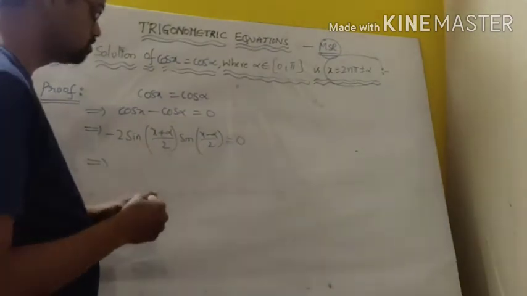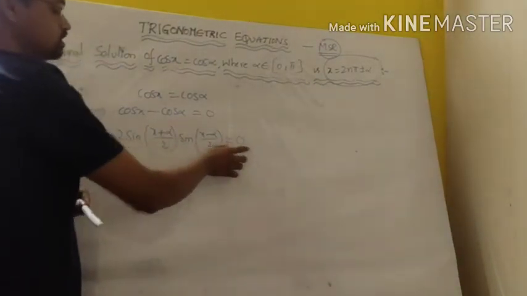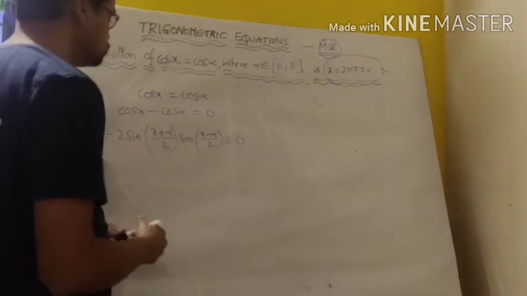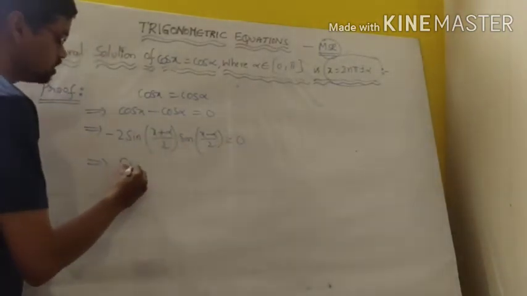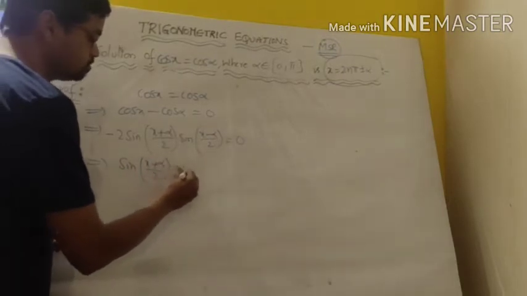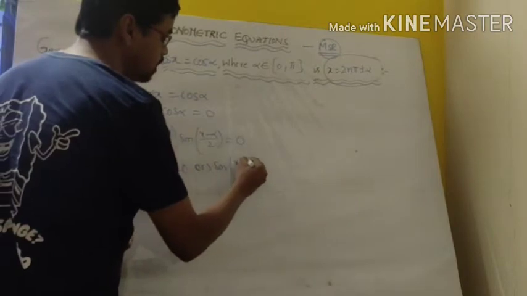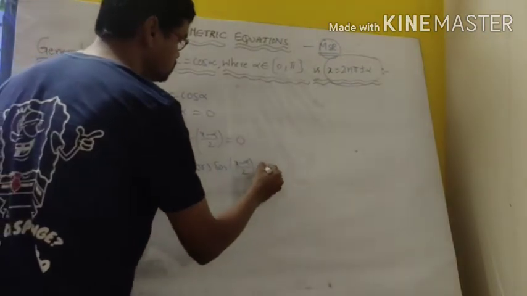Now, product of two quantities is 0, that means either of the quantities is 0. That means sin of (x plus alpha) by 2 equals 0, or sin of (x minus alpha) by 2 equals 0.